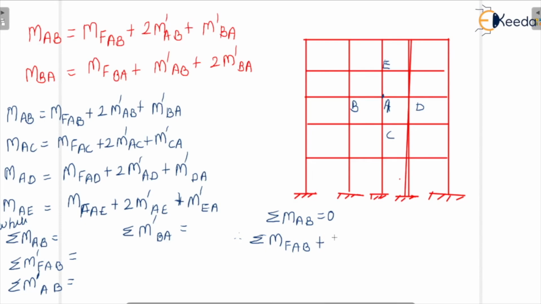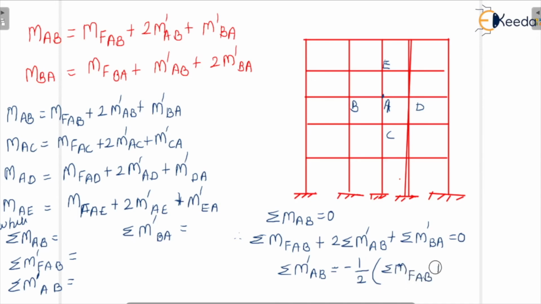Fixed end moment first, then the rotation effect: the summation of MF of AB plus 2 times the summation of M dash of AB plus the summation of M dash of BA is equal to 0. Taking all the other terms to the other side of the equation, the summation of M dash of AB is equal to minus half of the summation of MF of AB plus the summation of M dash of BA. What we have done here is very simple.